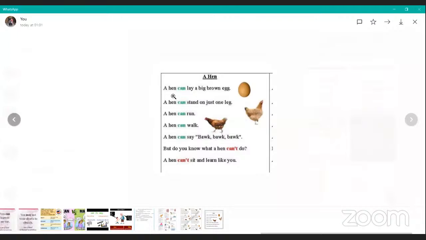Right? So can you see the word can? The green color, affirmative form, can, and the negative form of it, can't. Okay. If you want, you may write down this poem.